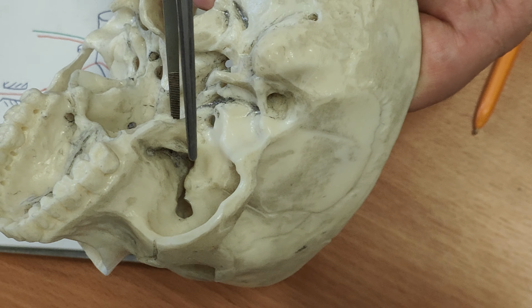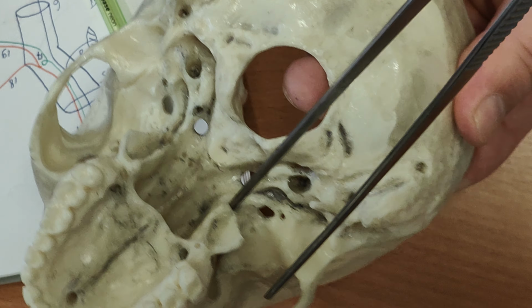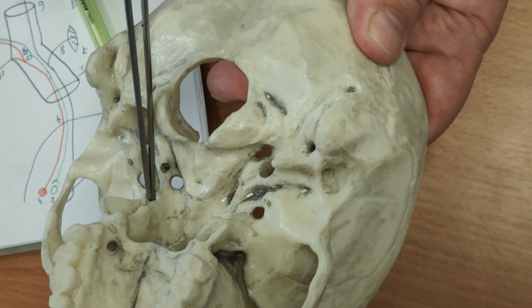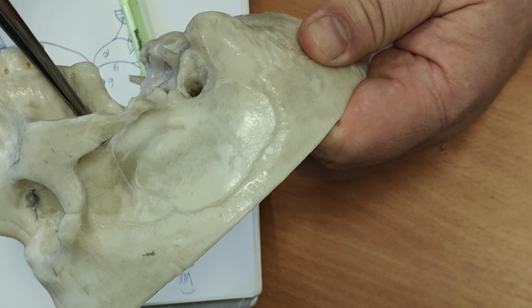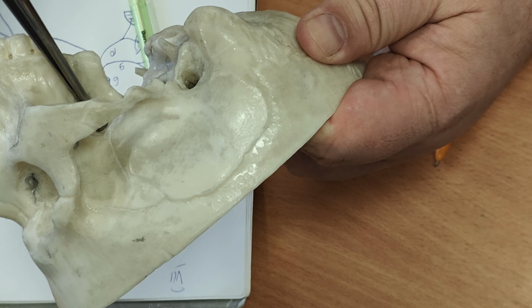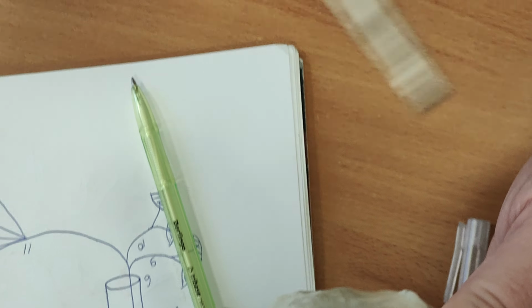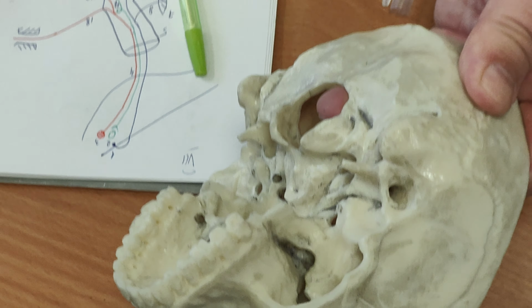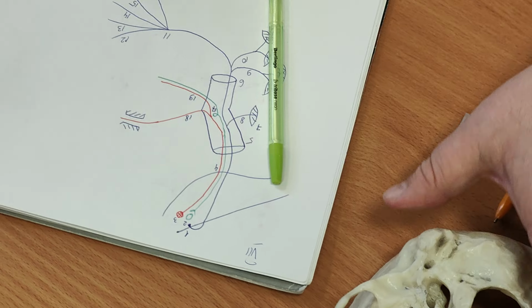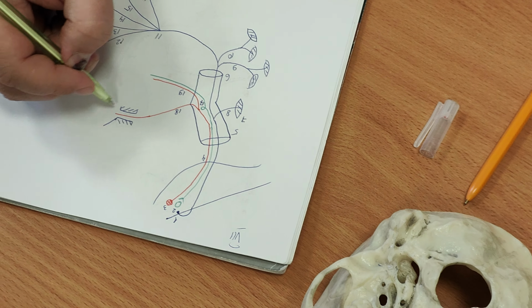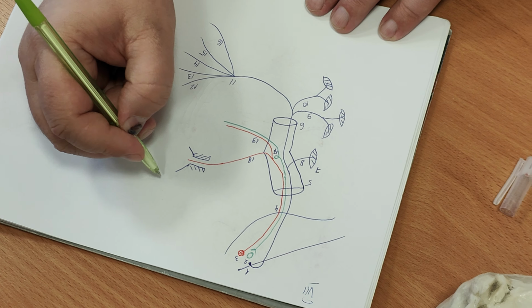This is canalis pterygoideus, and this canal opens into this fossa, the pterygopalatine fossa. Yes, you're right. This is the pterygopalatine fossa.